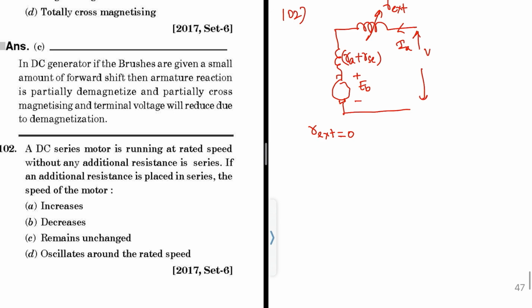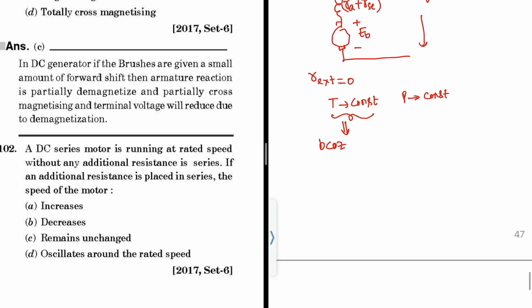Here we have to take one condition: whether we assume torque as constant, or otherwise assume power output is constant. Generally we assume torque is constant, because we do not need torque fluctuations. If there are torque fluctuations, we will get vibrations, right? So we assume torque is constant.